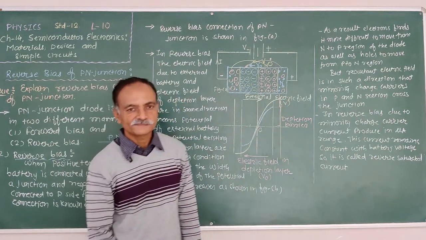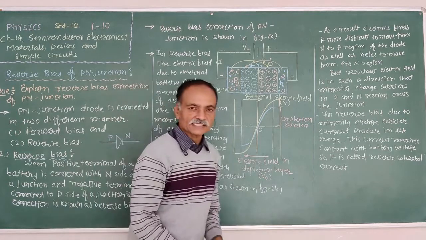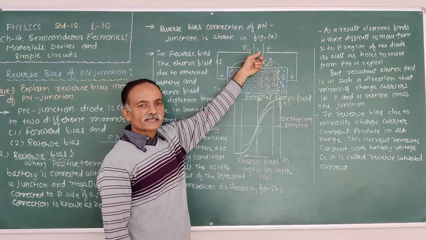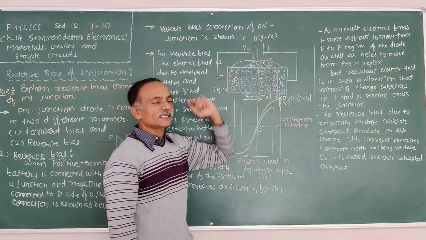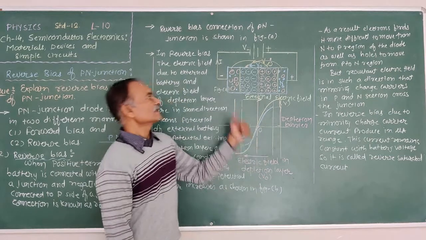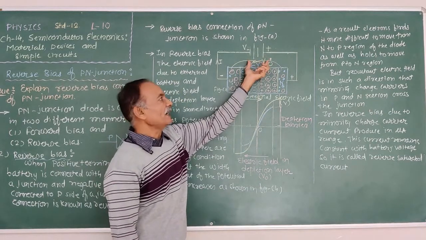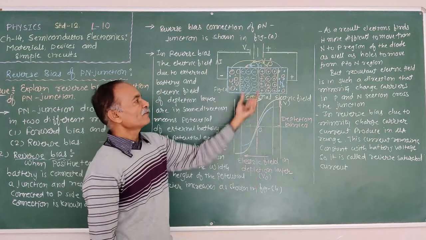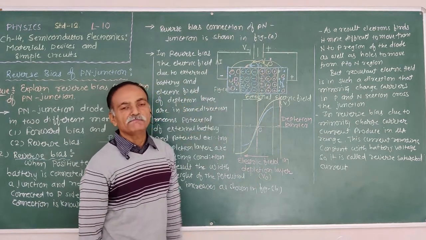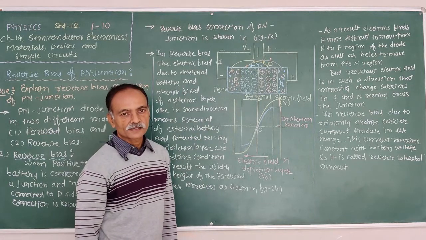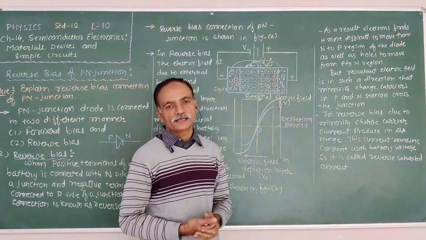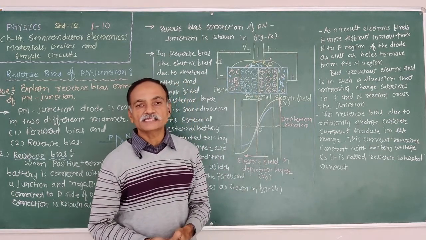Again, what happens? In reverse bias, the electric field due to the applied external battery and the electric field existing in the depletion layer are in the same direction. That means the potential of the applied external battery and the potential existing in the depletion layer are in helping condition. So as a result, the total or resultant electric field in the depletion layer increases.